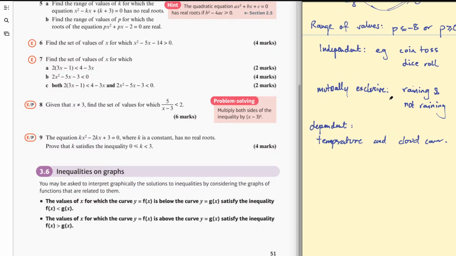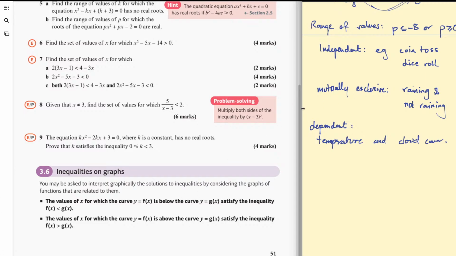And then mutually exclusive, that's kind of a separate idea, really, as far as I think about it. It's just saying that if this happens, something else cannot happen.